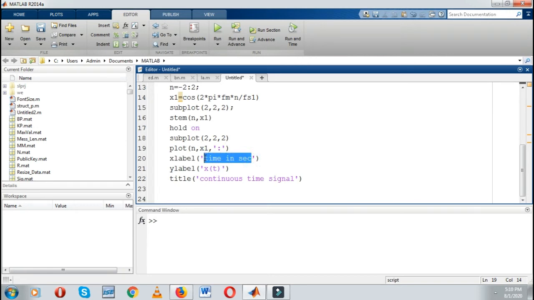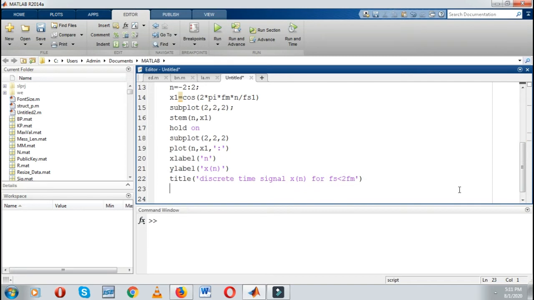You can write the x label as small n, and the y label as x1 or x of n, and the title is basically discrete time signal, that is x of n, x of n for fs less than 2 fm.